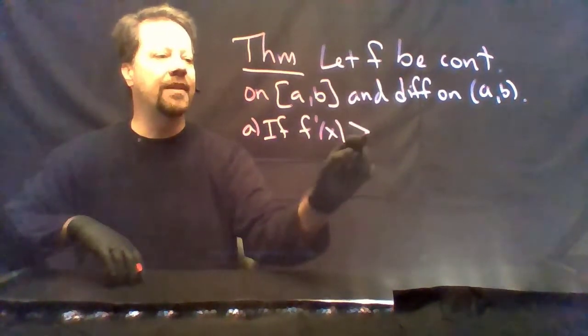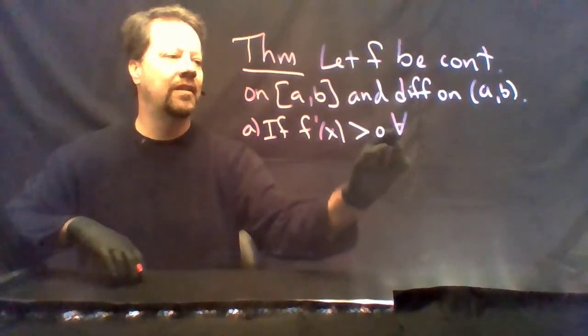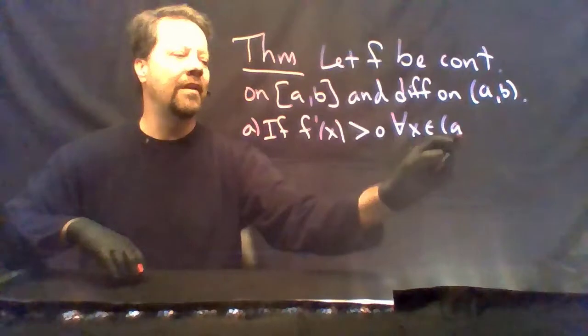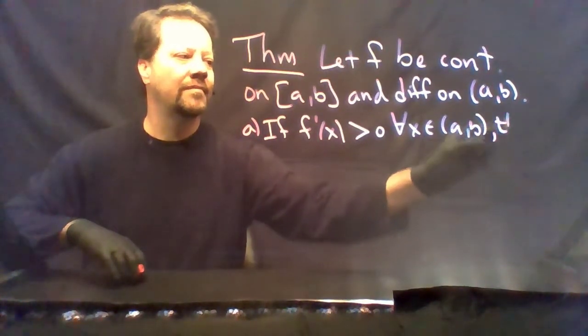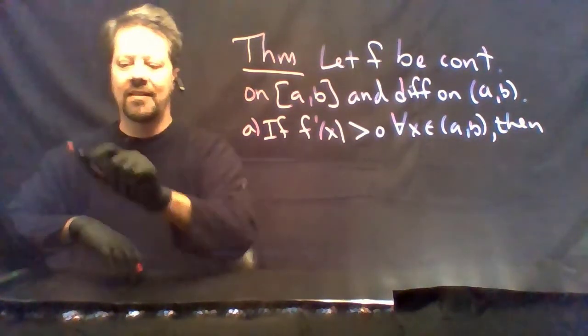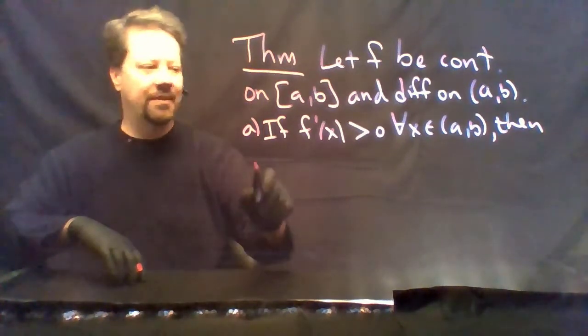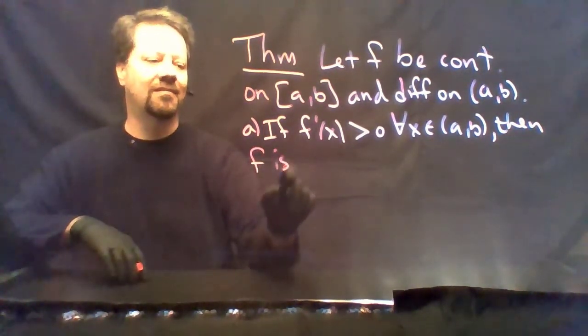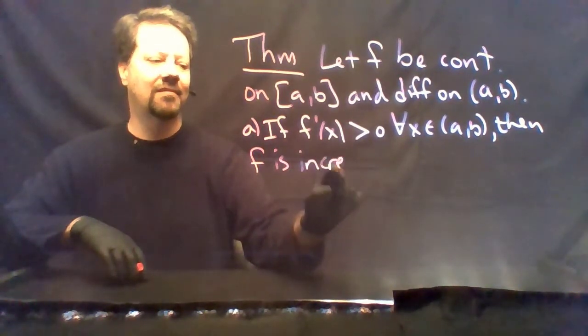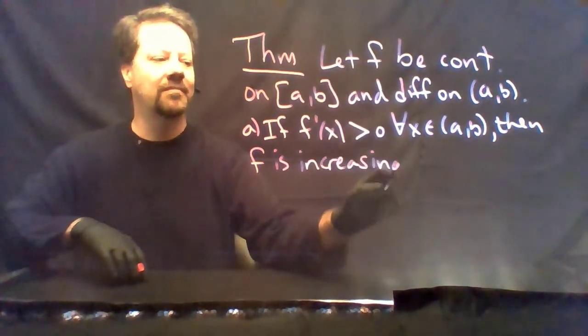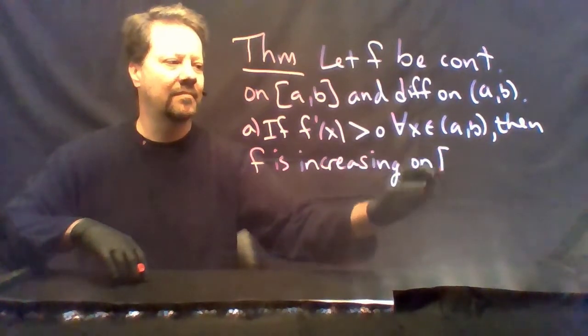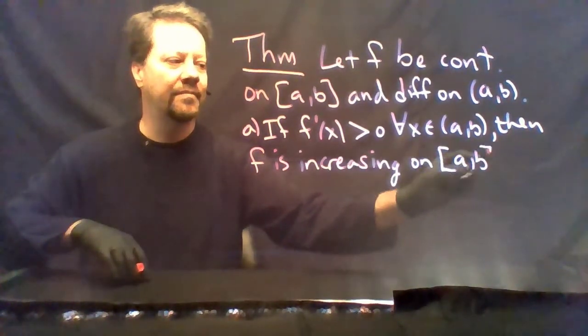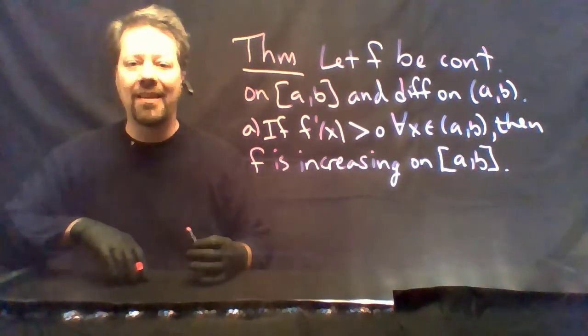If the derivative is positive for all x within the open interval AB, so the slopes are always going up, it has to be increasing on the closed interval AB, including the endpoints.